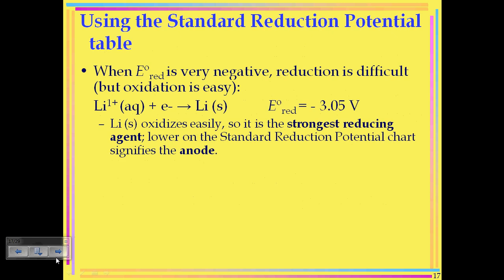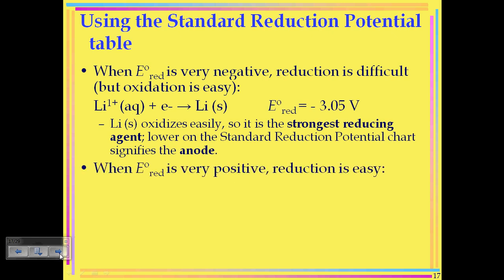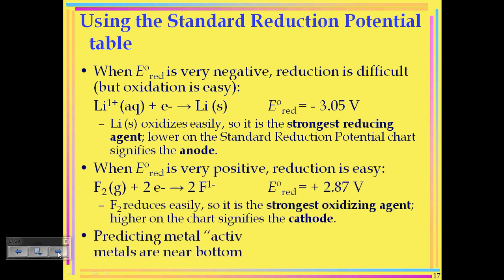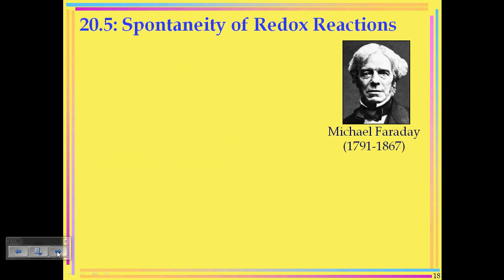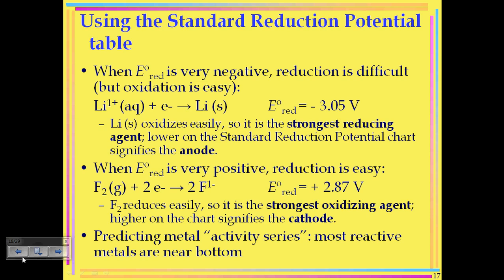So how do you use the standard reduction potential table? I briefly went over it. The strongest reducing agent will oxidize easily or will have the lowest reduction potential. And predicting if someone will reduce someone, you need to look at its reduction potential, right?